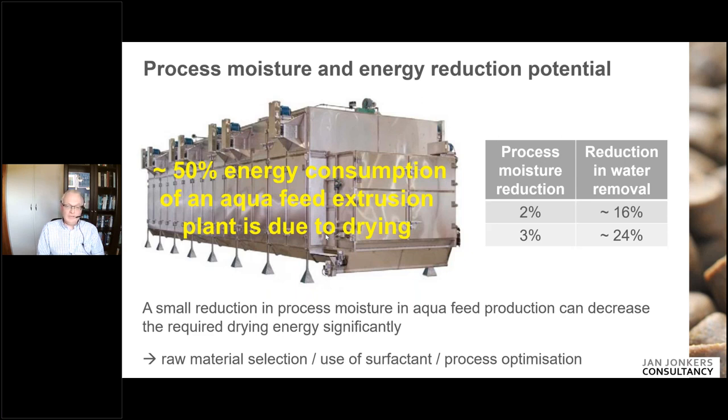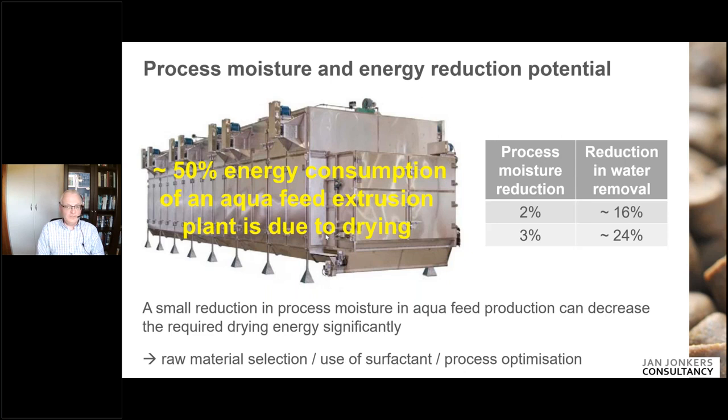You could also think about using a product that contains a surfactant that will smooth the whole process, and that could also reduce the amount of process moisture. You could look at process optimization, like we just discussed for the conditioner. And all these things could reduce the process moisture content. And then if you look at the table, then only a small amount in moisture reduction will have a big impact on reduction in water removal of the dryer, so of the dryer load.